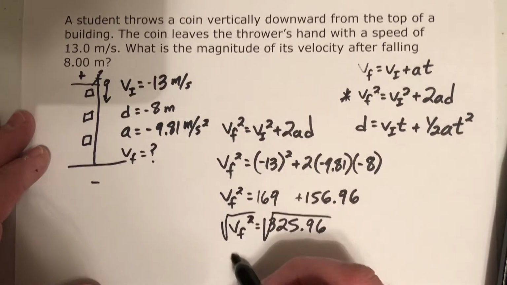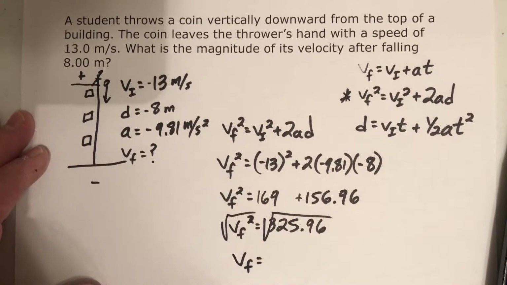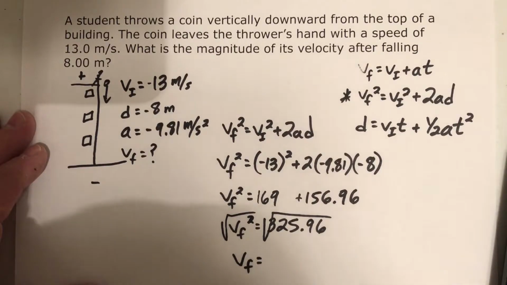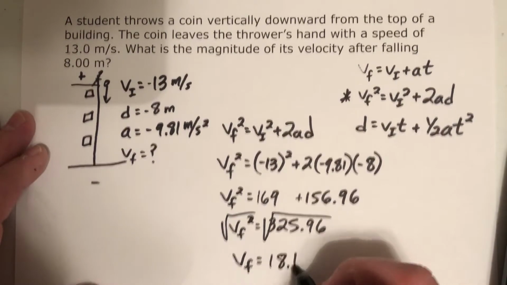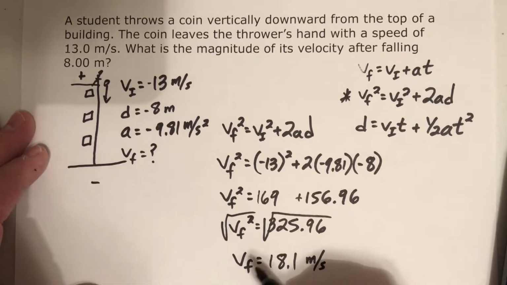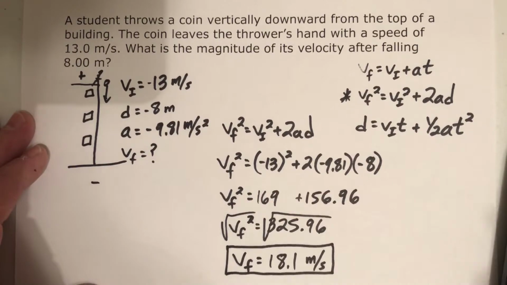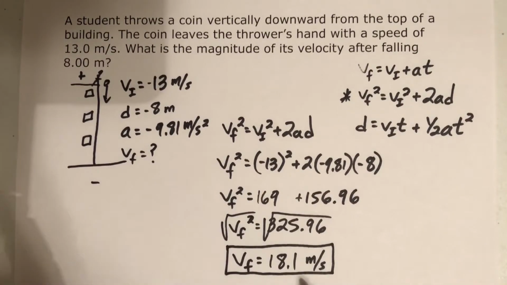We get VF equal to 18.1 meters per second. Now the answers to these questions are multiple choice, so you want to choose the answer that is the closest to 18.1 as possible.